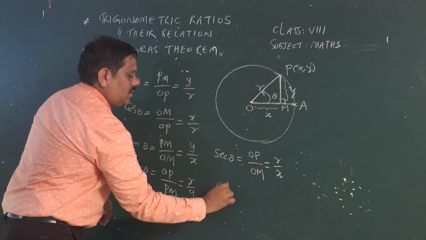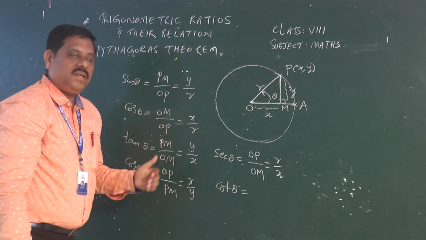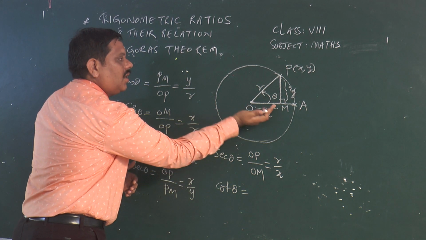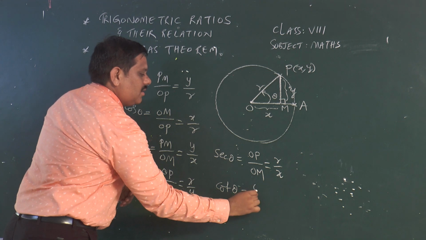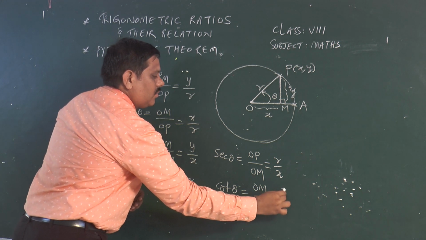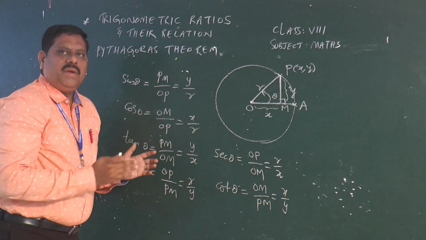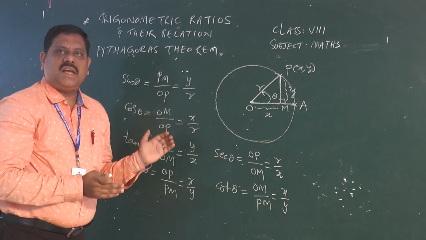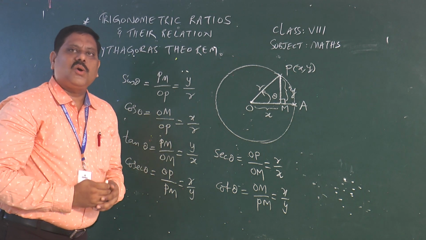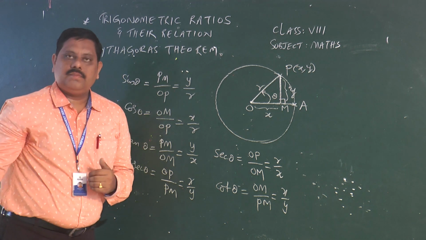Next we have cotangent theta, simply called cot theta. Cot theta is defined as the adjacent side to theta upon the opposite side, that is OM upon PM, that is equal to x upon y. So these are basically the basic definitions of sin theta, cos theta, tan theta, cosecant theta, secant theta and cot theta. Now let us see the relation between them.